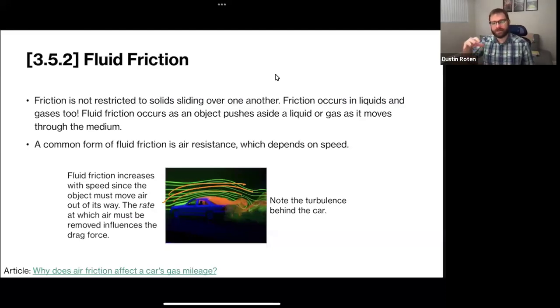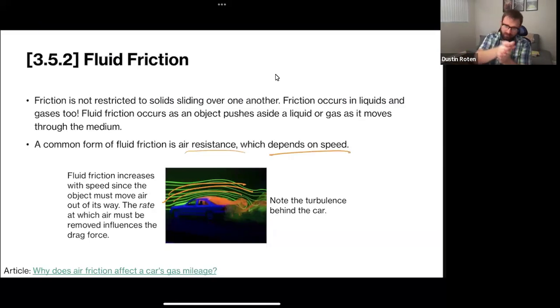You can see that there are forces exerted on the car to move this stuff out of the way. That's where the source of fluid friction comes from. What's really interesting is a common form of fluid friction that you deal with on a daily basis is air resistance. And air resistance actually depends on speed.